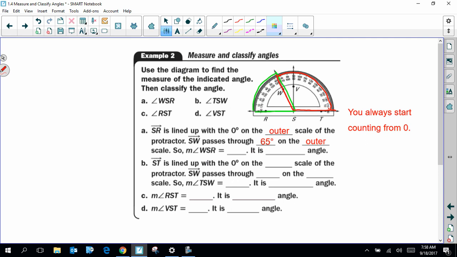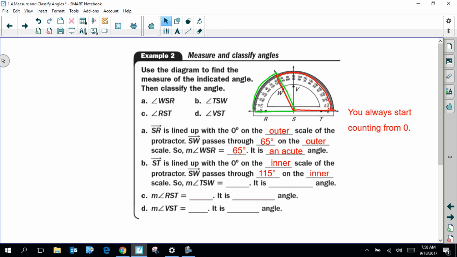In this case, I'm following the inside numbers around. And even though we stop at the same place where the first angle did, they're not the same measurement. In this case, it's going to be 115 degrees, because we're just following the numbers around, and you see we're right in between 110 and 120, so 115 degrees.